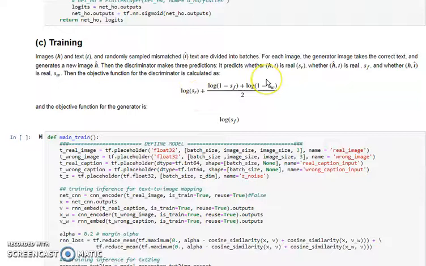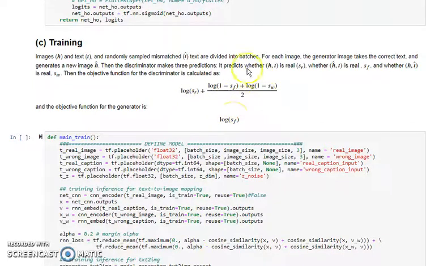First, they take the true image and the true text, and try to predict whether or not that is a real pair. They take the fake image and the true text and try to predict whether that is a real pair. And they take the true image and some mismatched sampled text and try to predict whether that is a true pair.